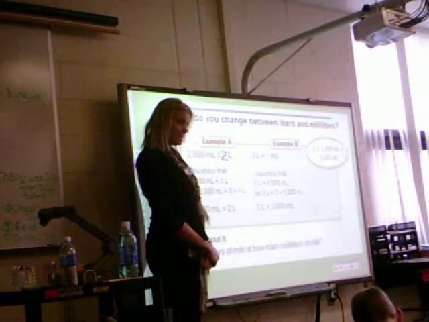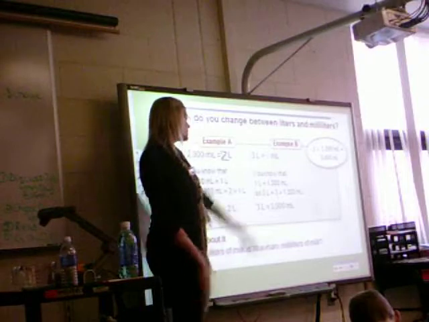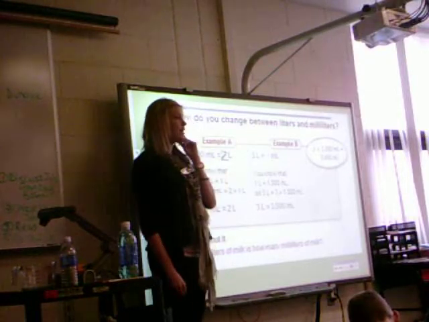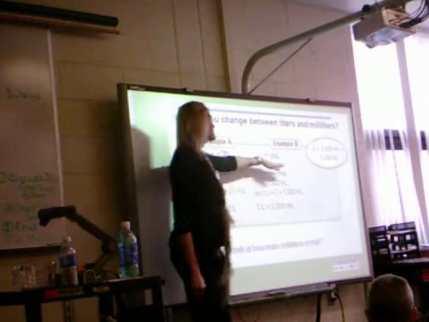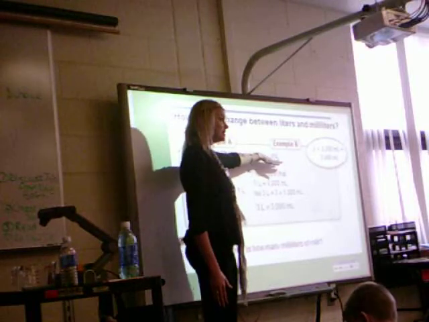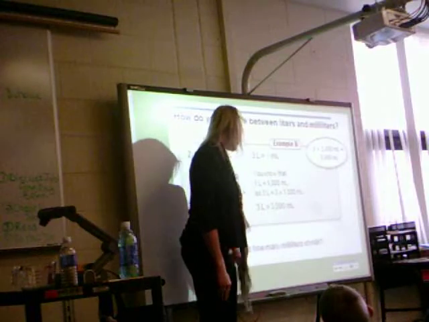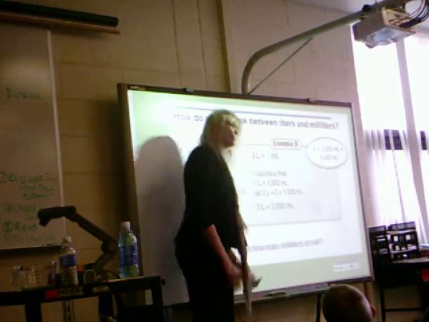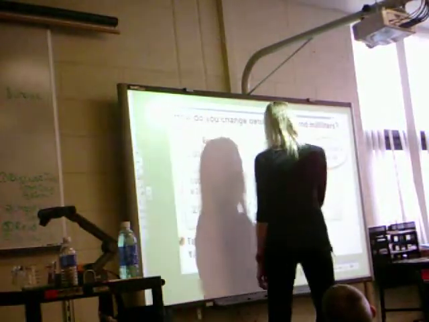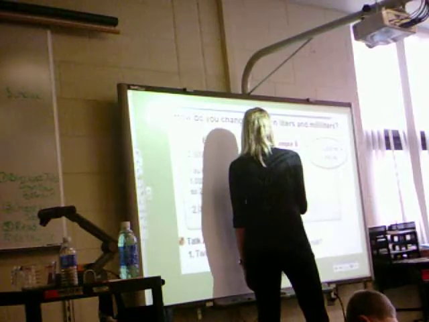Do y'all see that? How about this one? 3 liters equals how many milliliters? Notice that the L is also capital when we're abbreviating it. Lauren, what do you think? 3,000 milliliters.